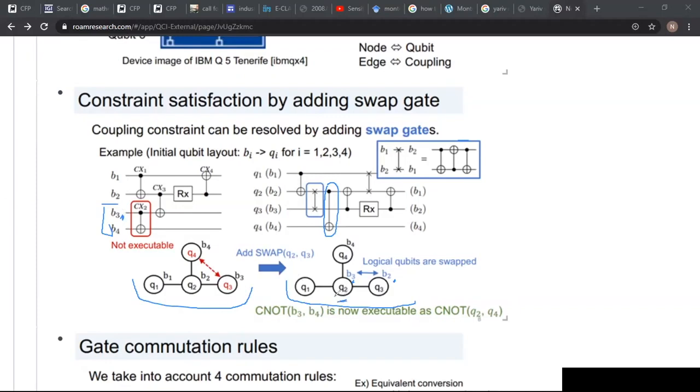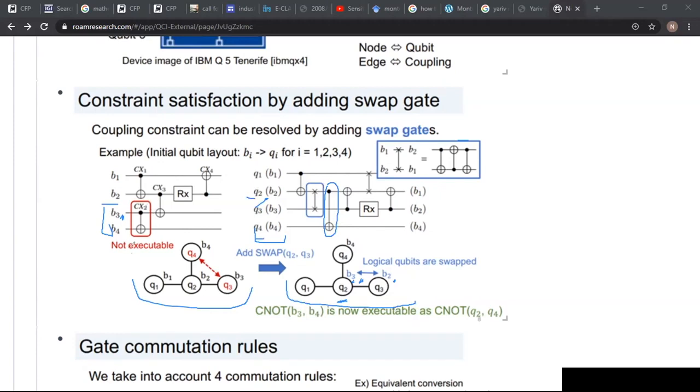And your target state B4 remains the same, which is in the Q4 qubit. So we put a CNOT from the qubit which holds the control state, that is B3, which is nothing but Q2. So we apply a CNOT operation between Q2 and Q4.